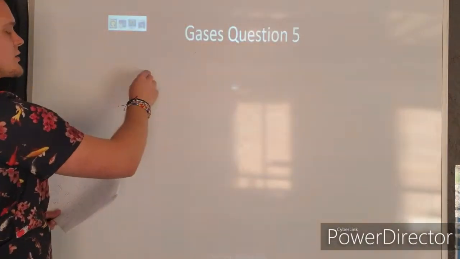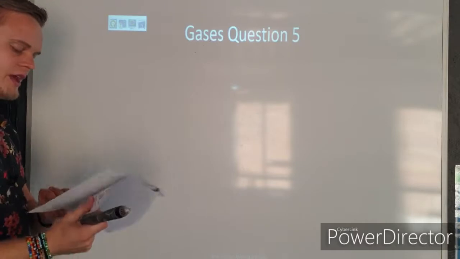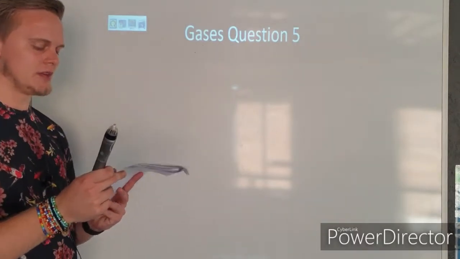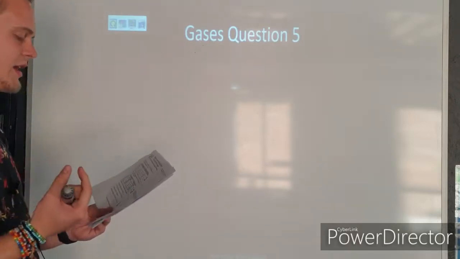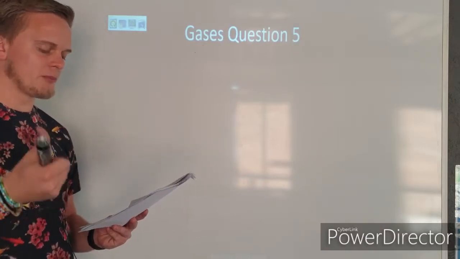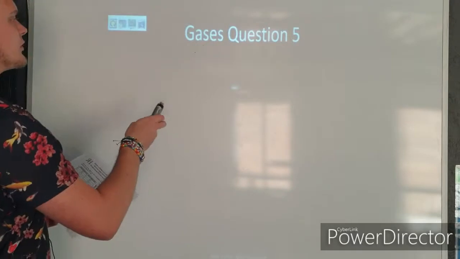The next one is question 5, where they say that a set amount of gas has a temperature in Kelvin. What is the new temperature if both the pressure and the volume increase by 2? Okay, it's doubled.